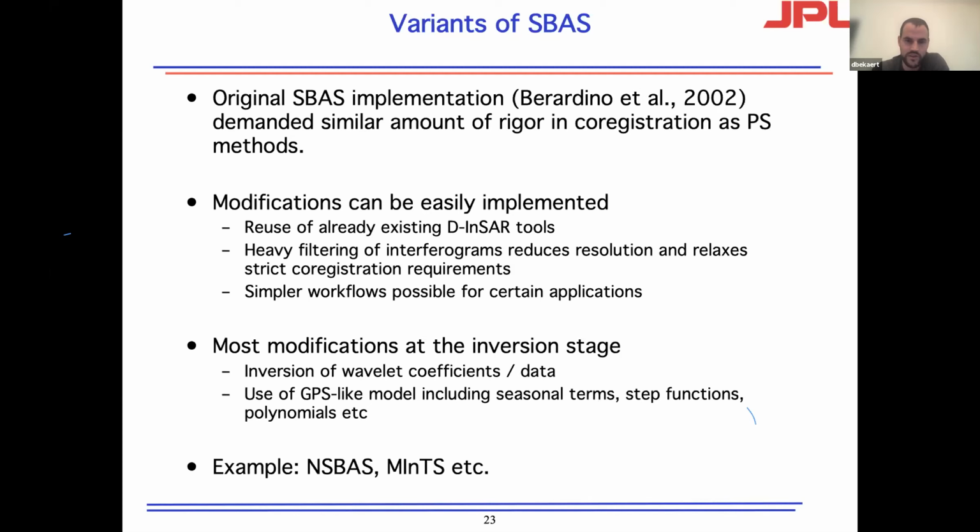So generally, what you can see is that the SBAS methods are pair by pair InSAR processed products. They're multi-looked, they're heavily filtered, they're geocoded, and the analysis is done in the geocoded domain. So the community really focused mainly on the inversion strategies.